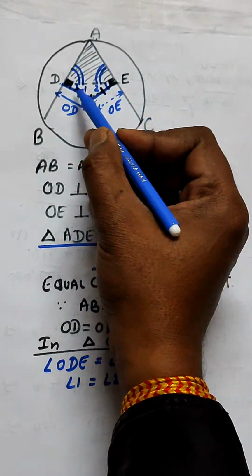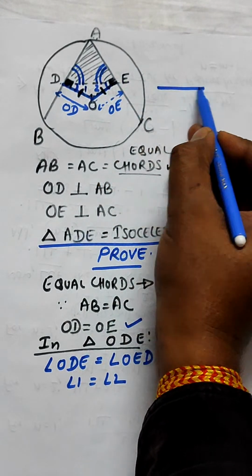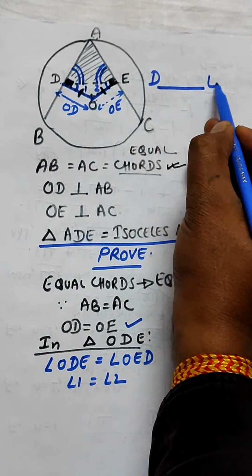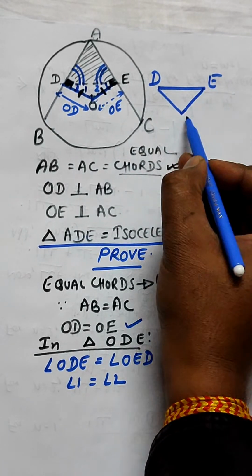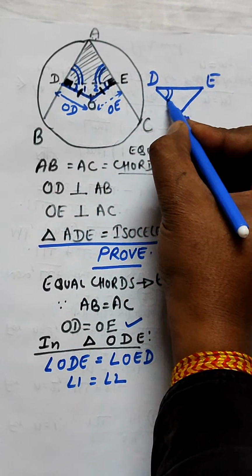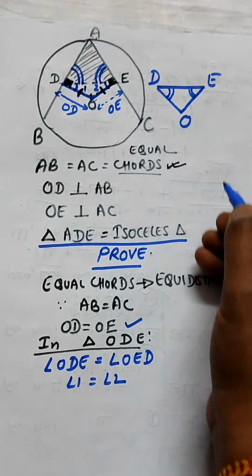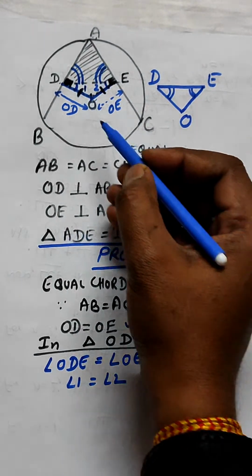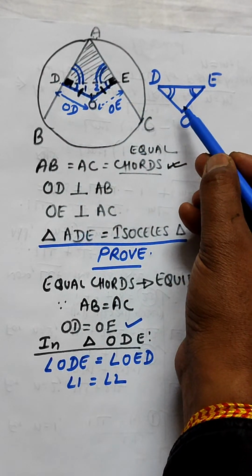So, in the smaller triangle DOE, if this is D, this is O, this is E and this is O, then this angle is equal to this angle because OD and OE are equal. Here OD and OE. I am just explaining this same figure over here.